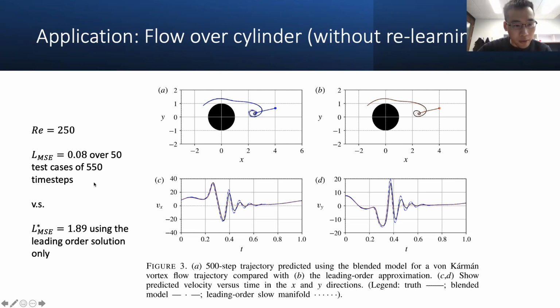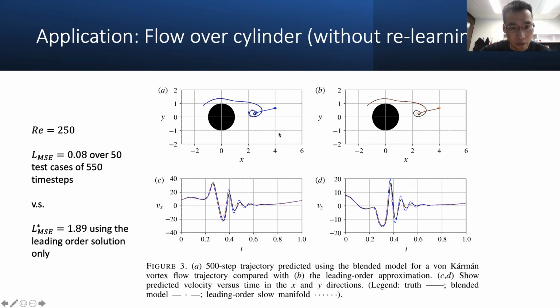Their model was able to achieve a mean squared error of 0.08 over 50 test cases with 550 time steps, which is comparably small relative to the leading order error.